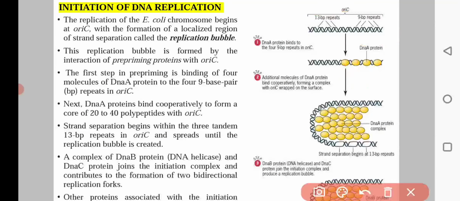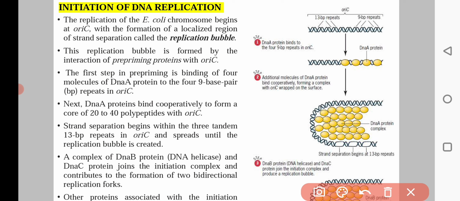So first of all, 4 molecules of this DnaA protein come and join covalently to these 9 base pair repeats. Once these 4 molecules attach to the DNA, they trigger the addition of more molecules of DnaA protein.